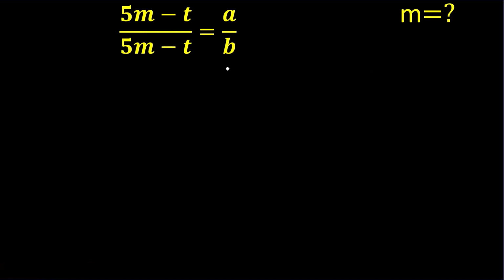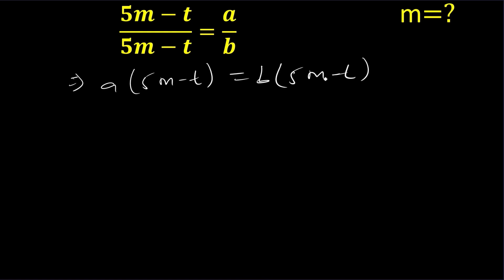All right, so we have (5m minus t) over (5m minus t) equals a over b. So let's, because of this over that and that, do cross multiplication. So b will take this, a will take this: a taking 5m minus t, and b taking 5m minus t as well.